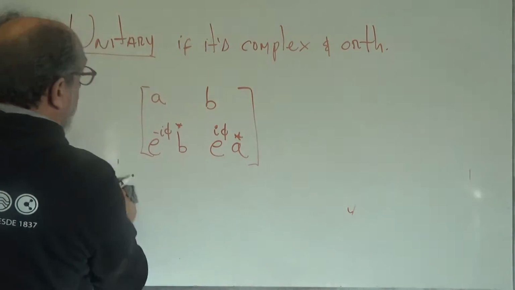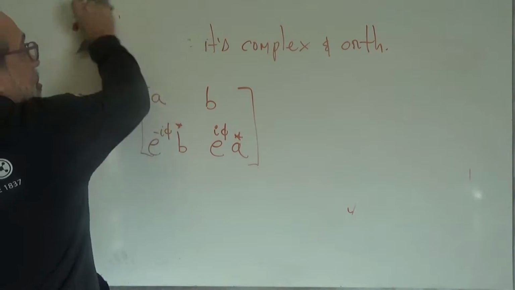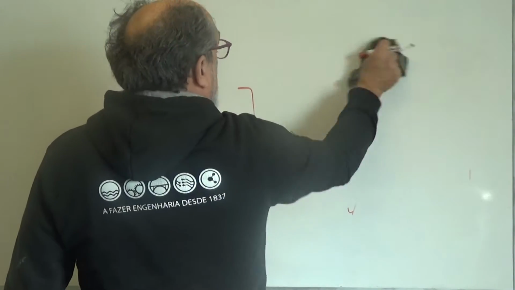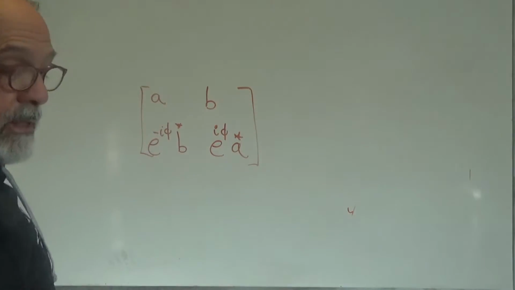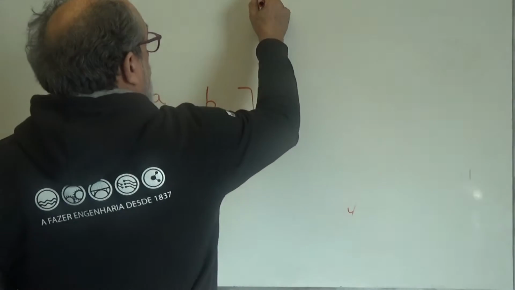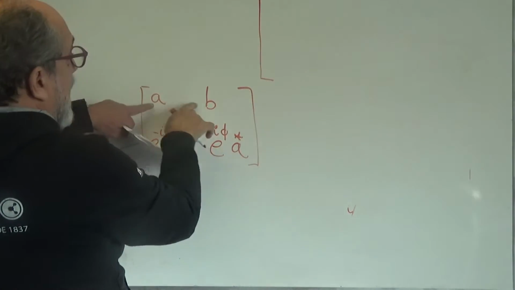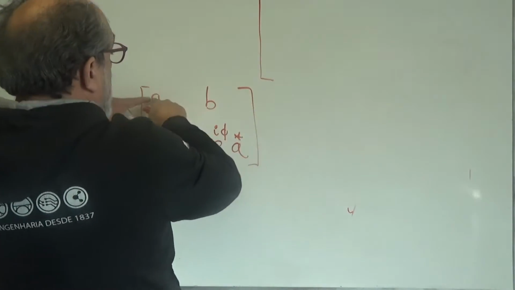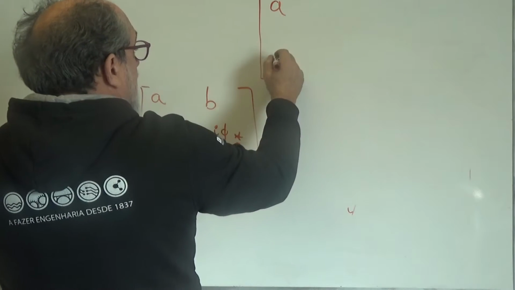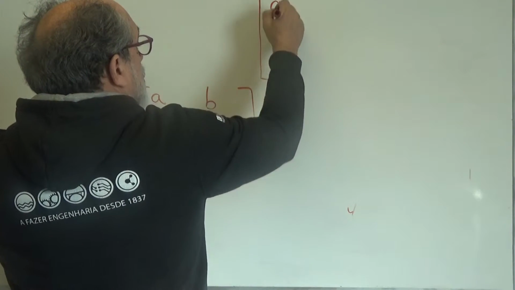If a matrix is unitary, that means that its conjugate transpose makes it orthogonal, right? Makes it the identity. So the way that I would multiply these two matrices is I write the matrix, now I'm going to transpose, so this is A and B, and then I have to use conjugation, right?